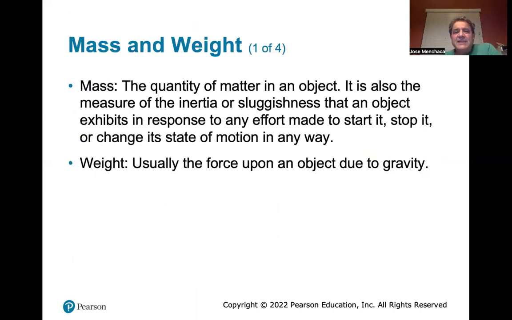Okay, let's go to mass and weight. Mass is the quantity of matter in an object. It's also the measure of the inertia or sluggishness that an object exhibits in response to an effort made to start it, stop it, or change its state of motion in any way. And weight is usually a force upon an object due to gravity.